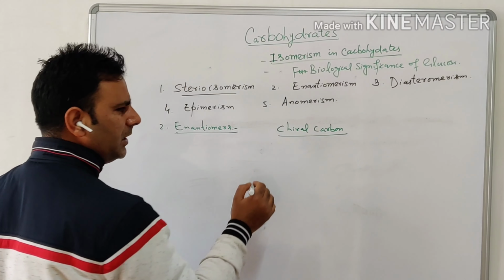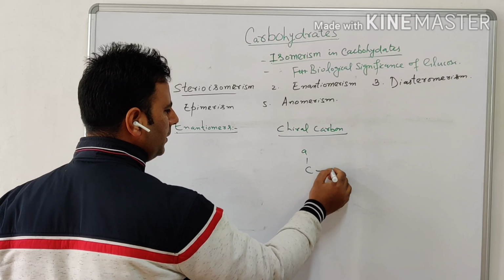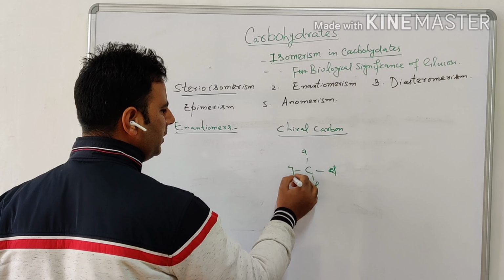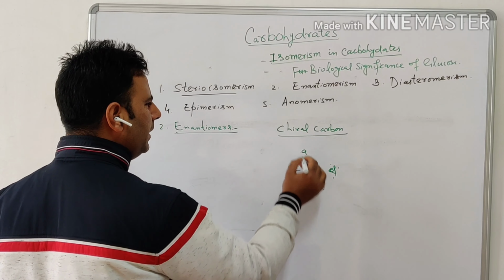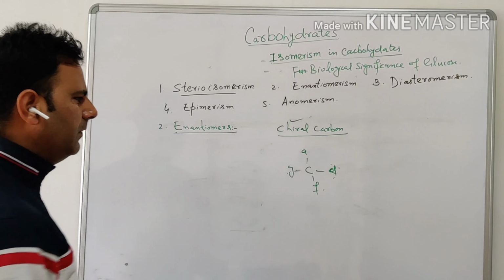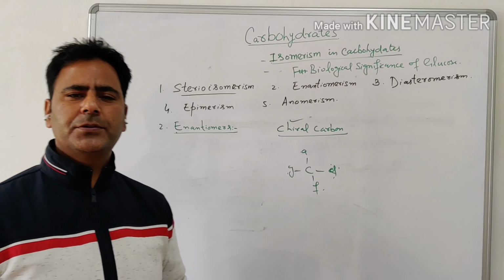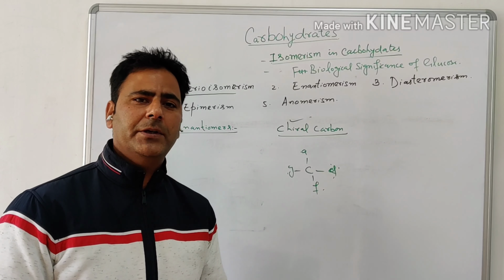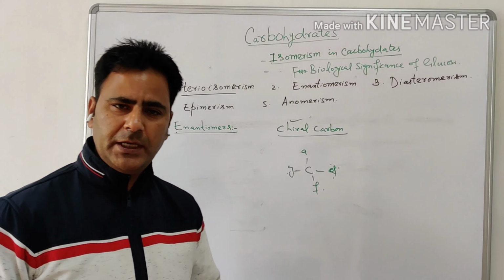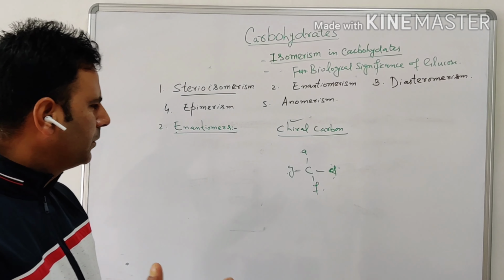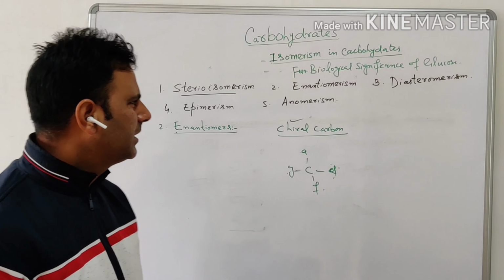Probably I have discussed it earlier. For example, if we have a carbon attached to E, D, F and G, then when the carbon is attached to 4 different groups, we call this a chiral carbon. And such compounds which have a chiral carbon show enantiomerism. Now, when we see a carbohydrate, there is a chiral carbon.